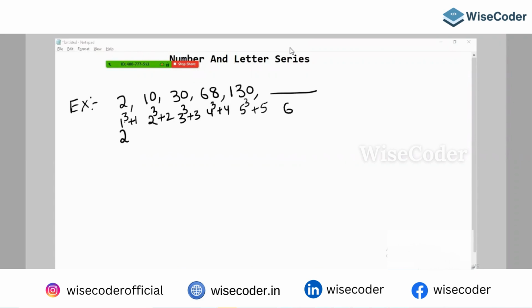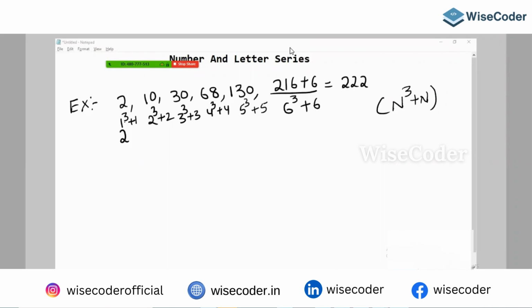So next must be 6 cube plus 6. 6 cube is 216, plus 6 will give you 222. So this is n cube plus n kind of series.